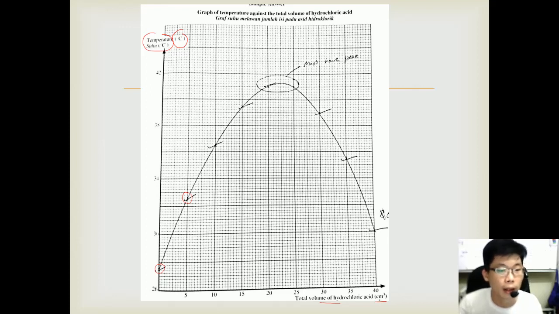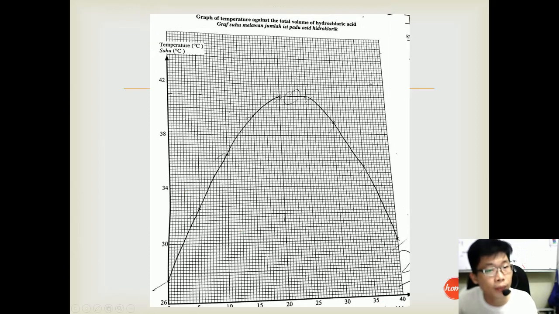Normally I will suggest the student use a cross to draw the points. Like this student, the student does not draw the peak or the highest temperature on this part, so the student can only get score 2 for this answer.